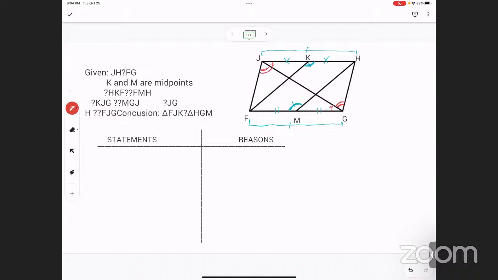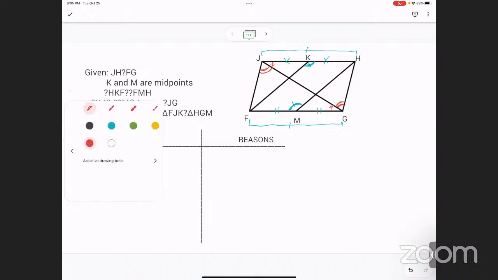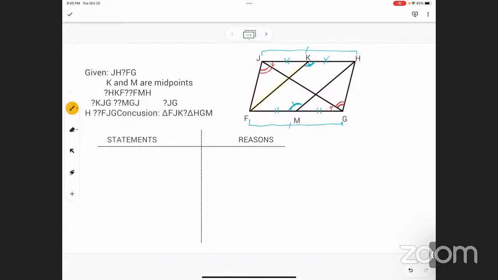And they want us to prove that the two triangles, FJK, this triangle, is congruent to HGM, this one.